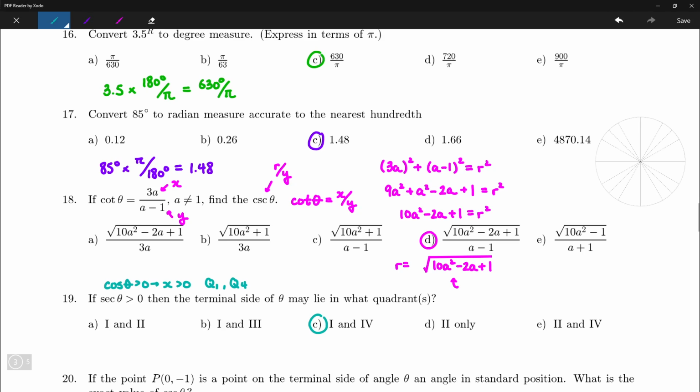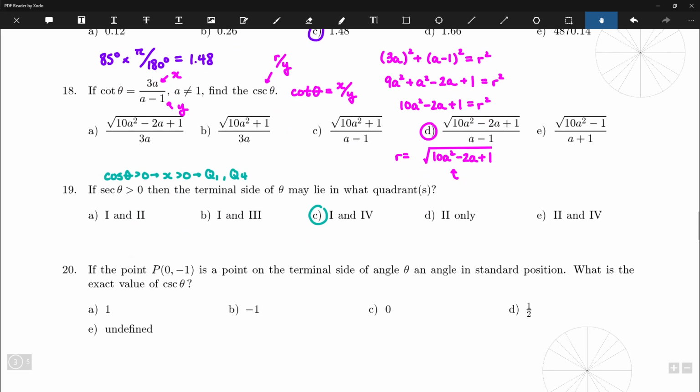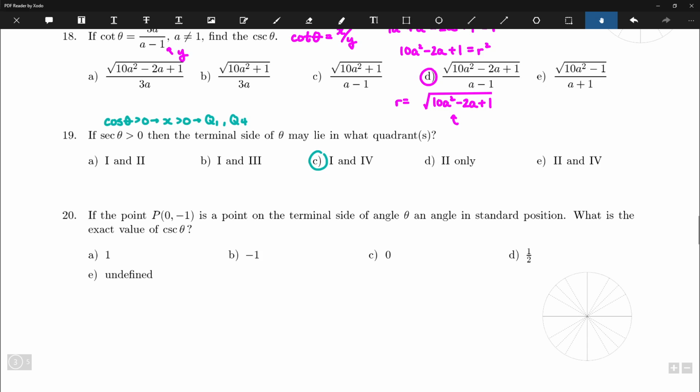Okay, so number 20. If 0, -1 is a point on the terminal side of an angle, what is the exact value of cosecant theta? So here we have cosecant theta is equal to r over y. Okay.